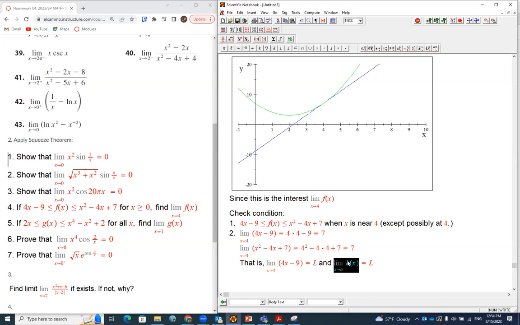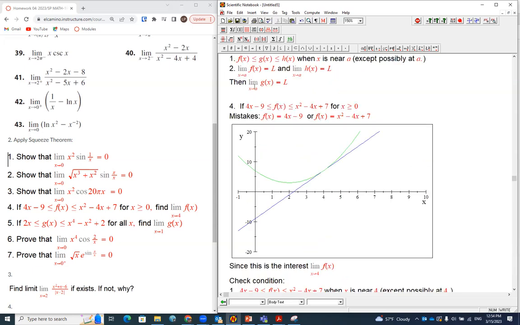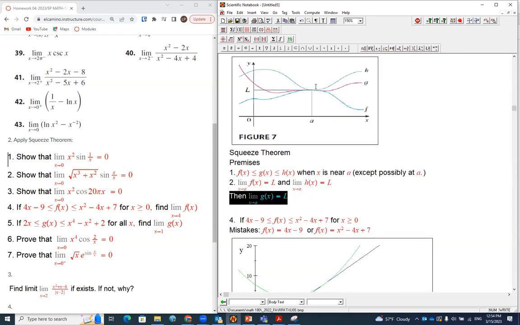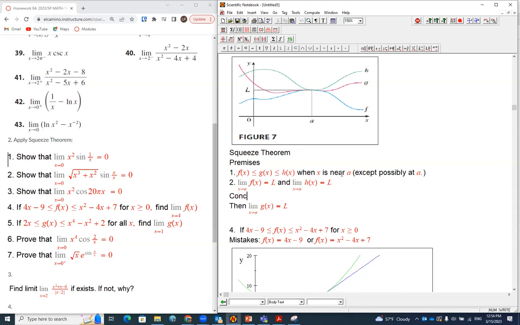That's function above. And of course, A is 4, and L is 7. So both conditions are checked and they're satisfied. And then we can apply the theorem, okay?